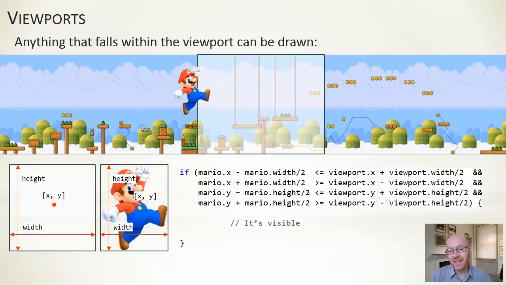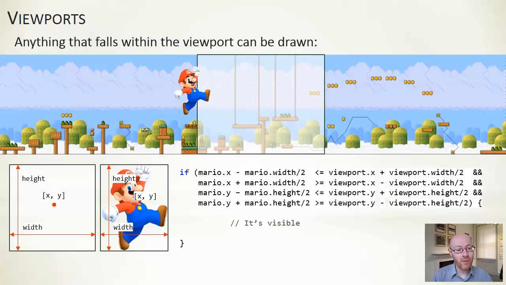If the rightmost point of Mario has an x coordinate less than the left-hand side of the viewport, which also has a top, bottom, left, and right, it means that Mario notionally ends along the x-axis at some point before the viewport actually starts. So in that case, Mario couldn't possibly be visible.